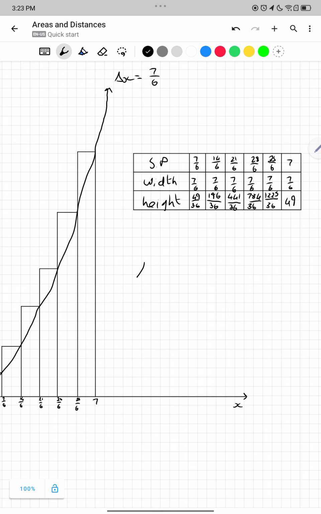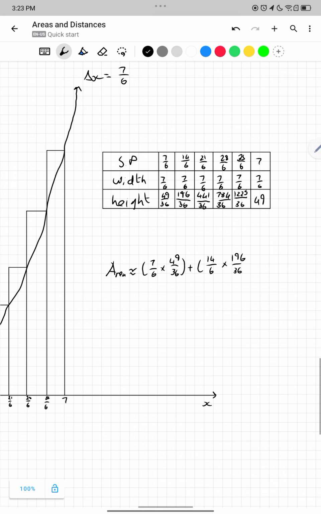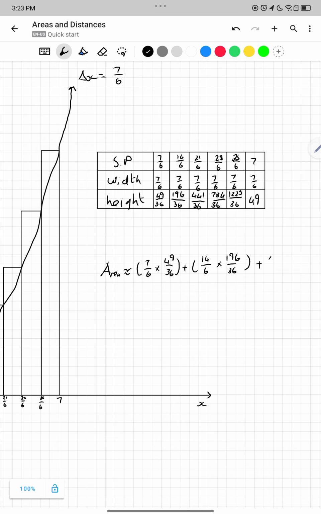So the estimated area will be as follows. We'll get 7/6 times 49/36 plus 7/6 times 196/36. Okay, it's not 14/6, it's 7/6 because we're still using the width. Yeah, I need a glass of water.